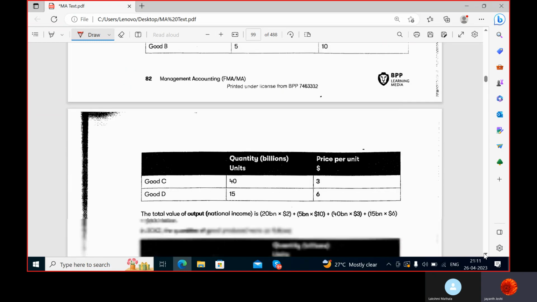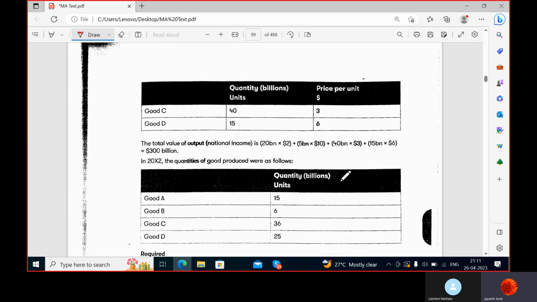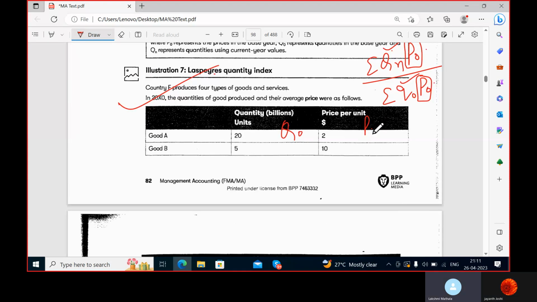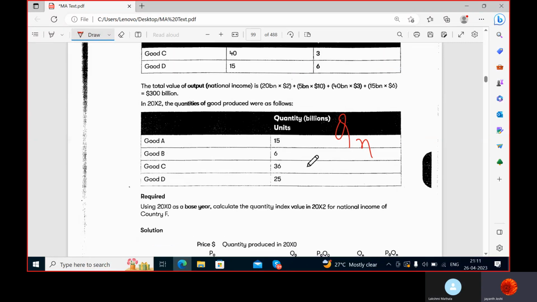Just a second, I think they have given the data here also. This is your Qn, and that is your Q0. Could you show the Q1 once? Yeah, sure. This is Q0, P0, Qn. Yes, and now I'll do it. Now you do.